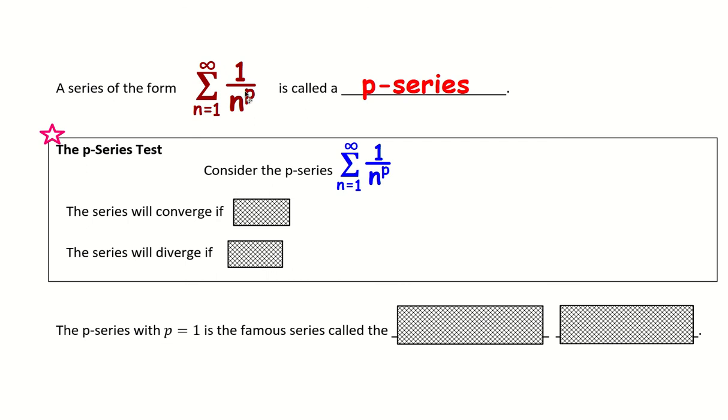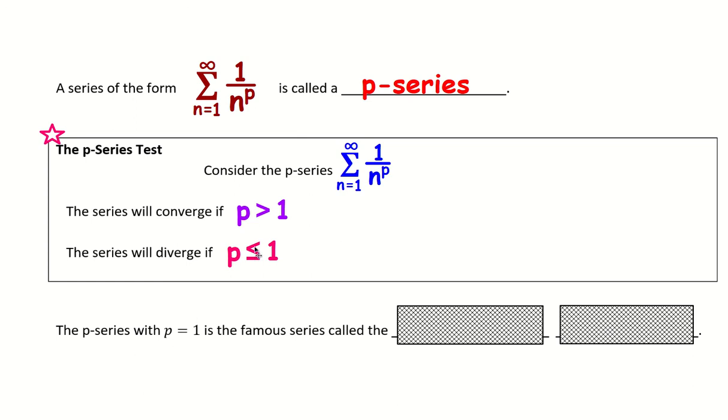If you have a series in this form, it's a very, very easy test. The series will converge if P is greater than 1, and the series will diverge if the exponent is less than or equal to 1.